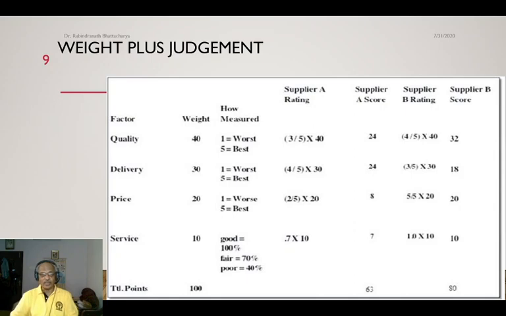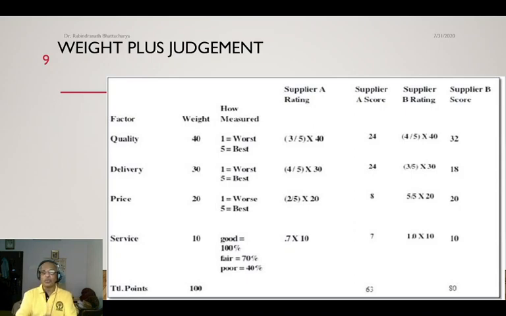So let us see how they used to do it. Quality 0.4, delivery 0.3, price 0.2, service 10, and total points 100. So supplier rating is 3 by 5. So how did you get 3? Actually, the judgment came into the picture.